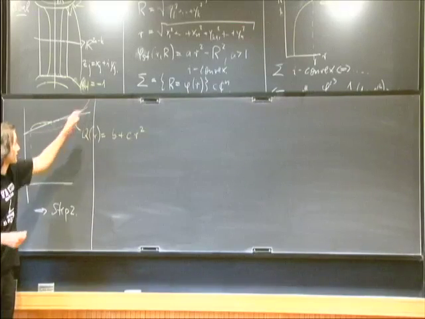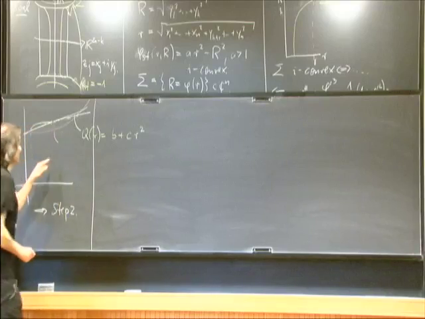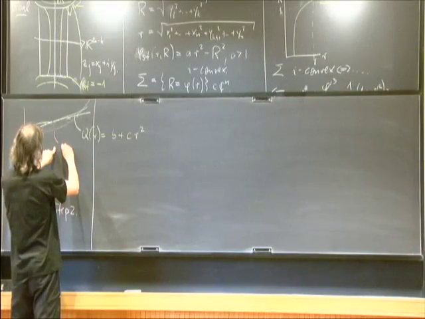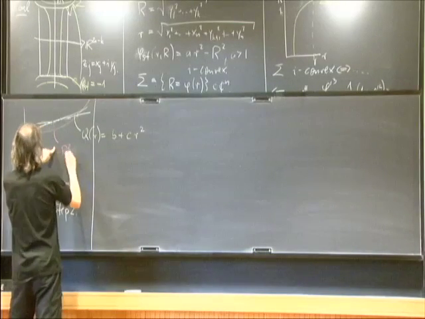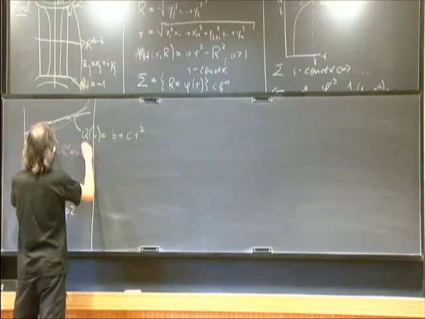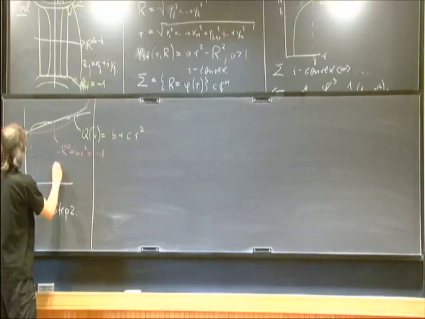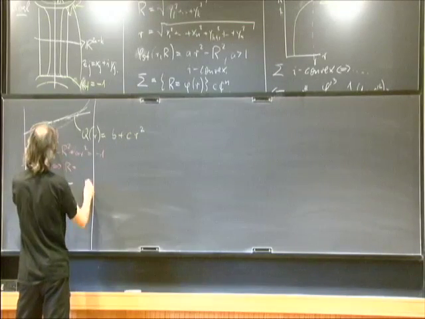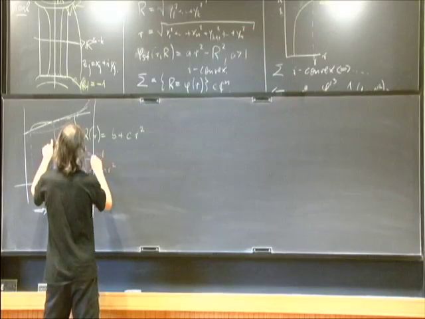So this is not the standard function. Remember, this here was a level set of the equation minus r square plus a little r square is equal to -1, which means that this function is given by r is square root of 1 plus a r square.